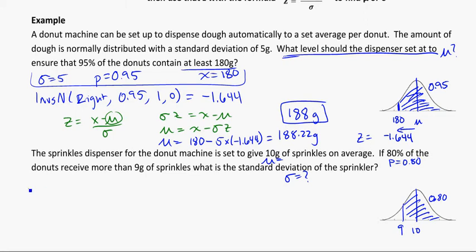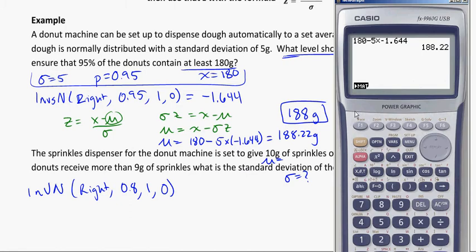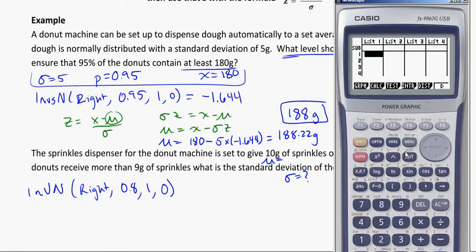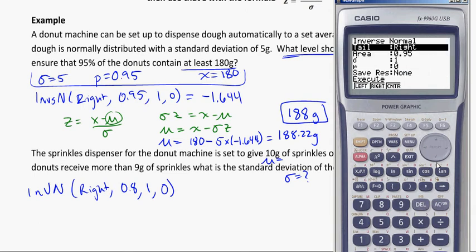So same idea, I'm going to use the inverse normal. I'm going to use my right side, probability of 0.8, sigma of 1, mean of 0, using the standard normal curve. And here we go. Inverse, looking to the right, this time it's 0.8.